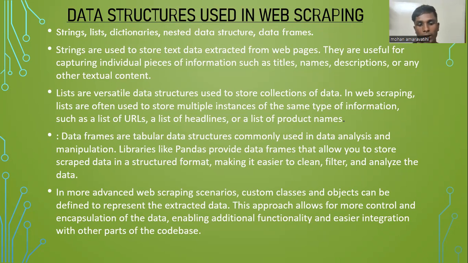In more advanced web scraping scenarios, custom classes and objects can be defined to represent the extracted data. This approach allows for more control and manipulation of the data, enables additional functions, and allows integration with other parts of the code.